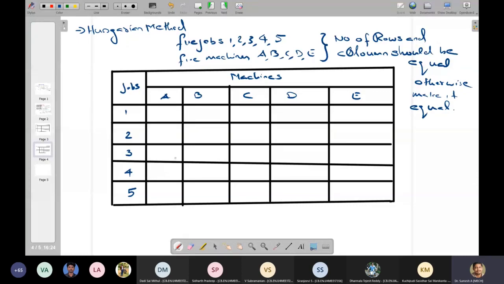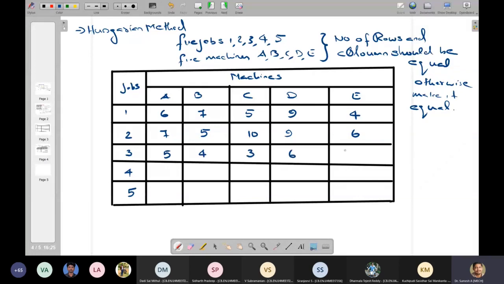Next is 7, 5, 10, 9, 6. Next is 5, 4, 3, 6, 5.